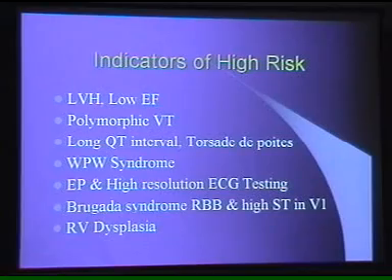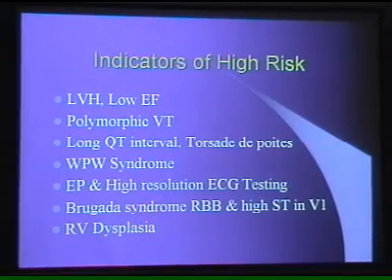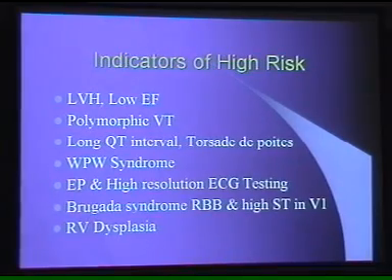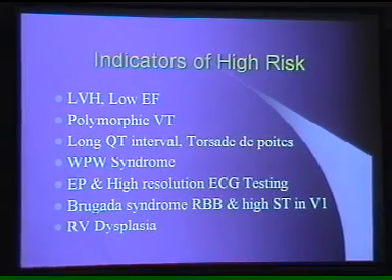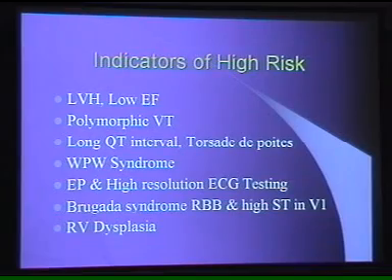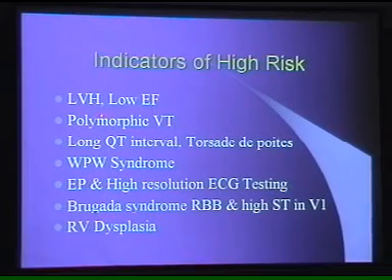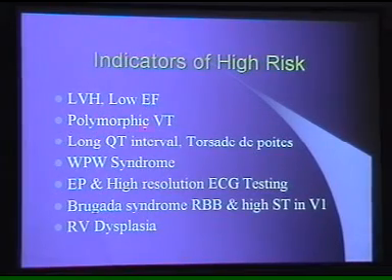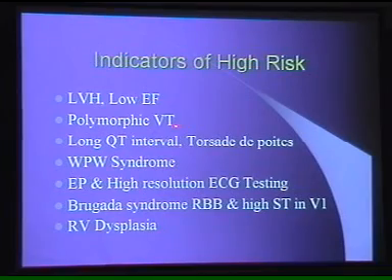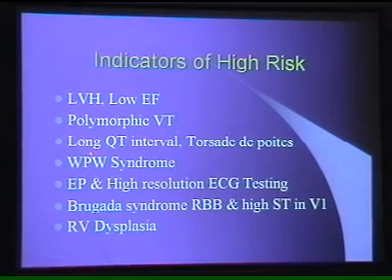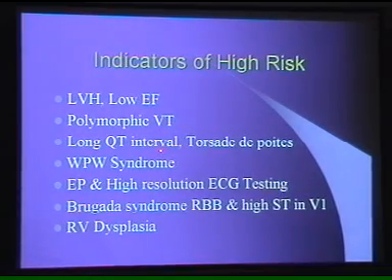The indicators of high risk, which I mentioned, are the main aim: how the ECG can help us to predict or find the prognosis of the chances of sudden cardiac death. Presence of left ventricular hypertrophy, presence of a polymorphic ventricular tachycardia, I'll show you, a long QT interval, presence of WPW syndrome.